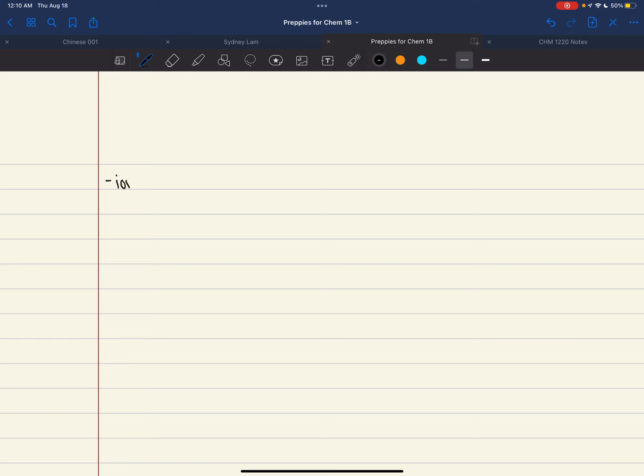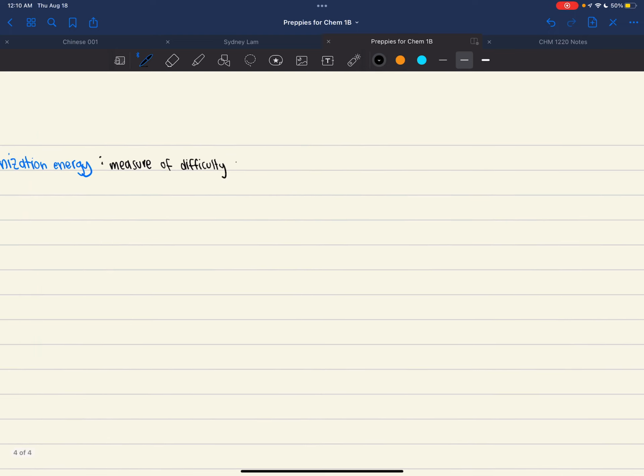Well, ionization energy is the measure of difficulty in removing an electron from a given element.